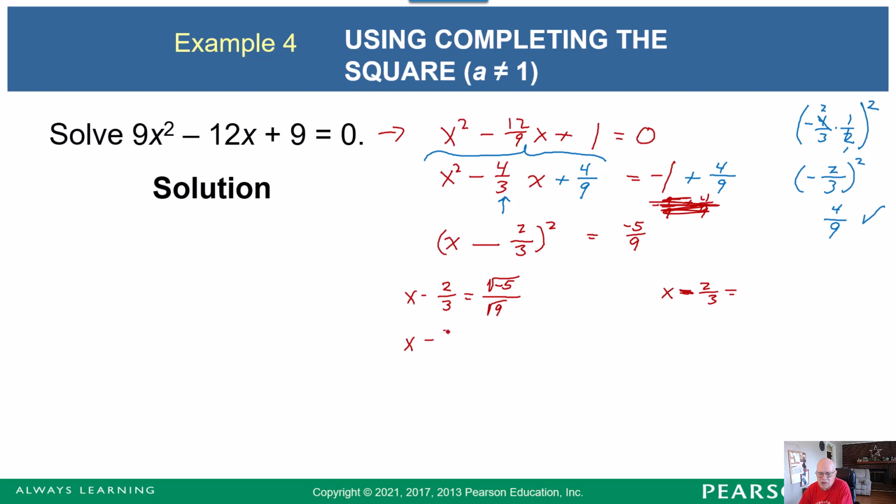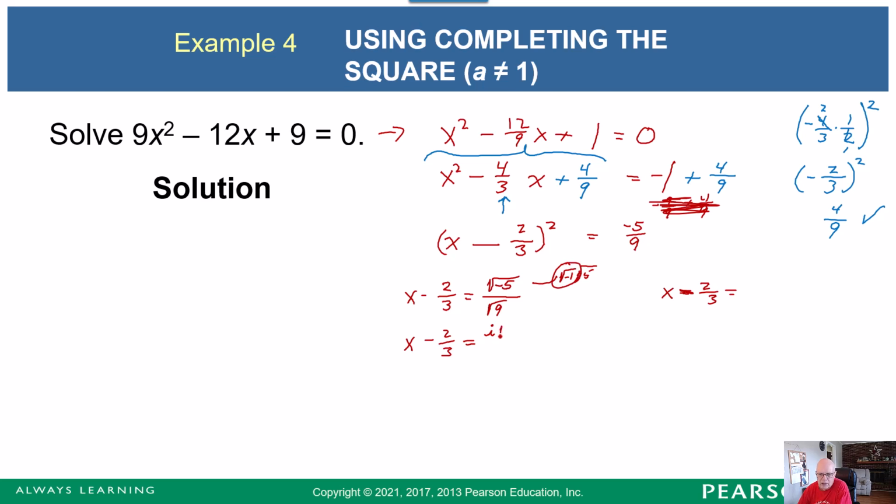X minus 2/3 equals, now on the top, notice we've got the square root of a negative number. So remember that trick I told you? Factor out the i first. This is the square root of -1 times the square root of 5. And this is i.